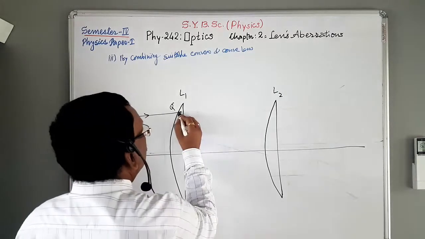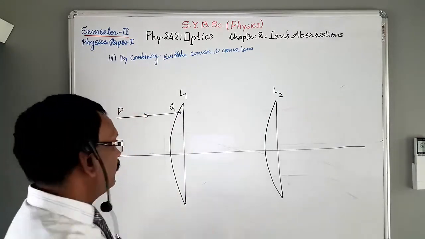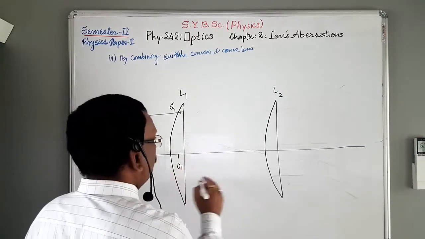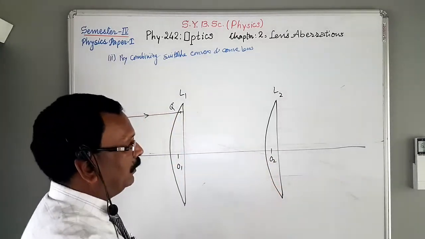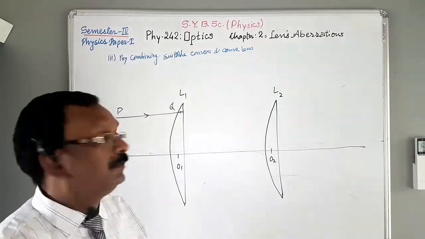This is the optical center O1 of L1, and this is the optical center O2 of lens L2.